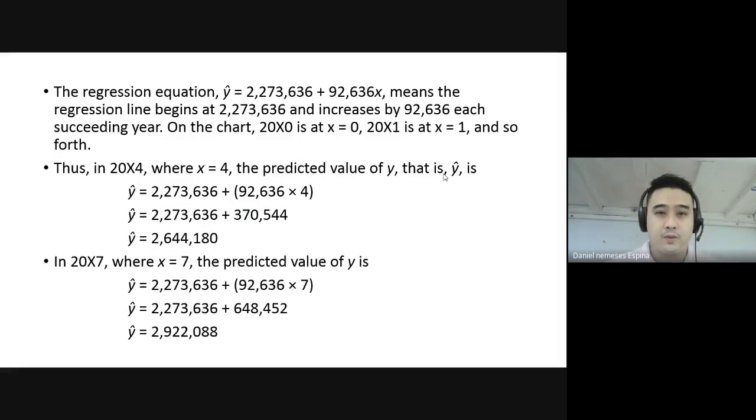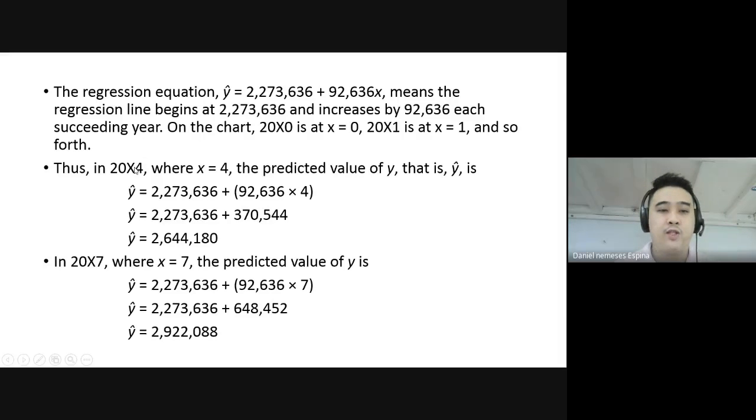So the regression equation: y hat, the dependent variable, equals the constant coefficient of 2,273,636 plus the variable coefficient multiplied by x. X refers to time. When you start at 2010, x is 0. The next year would be 1.